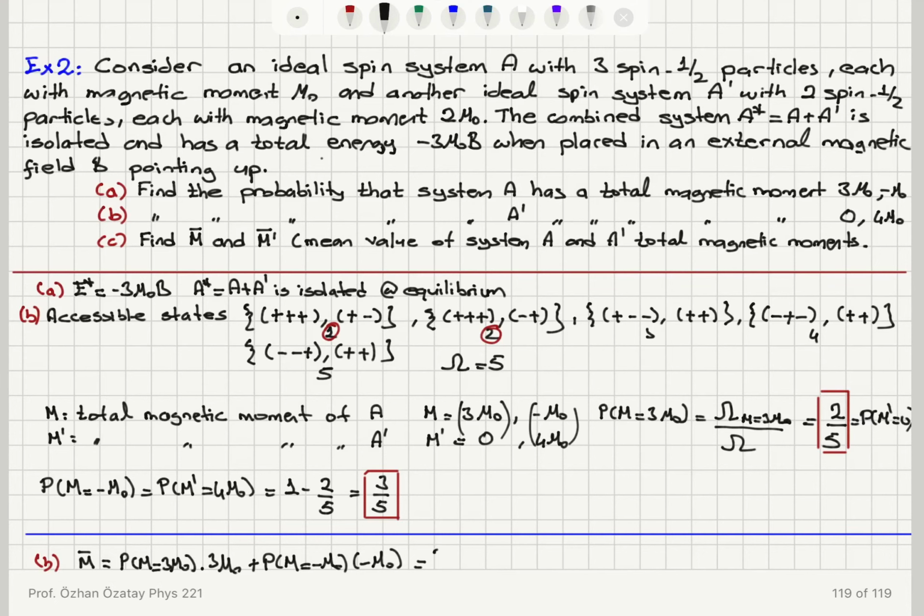So I have 2 over 5 times 3 mu 0 plus 3 over 5 times minus mu 0. So what will be the answer then? 2 times 3, 6, minus 3. So the answer will be 3 over 5 mu 0. So this will be m bar.